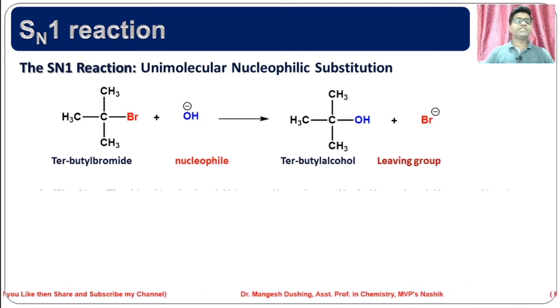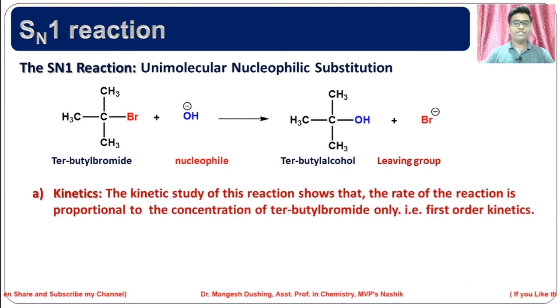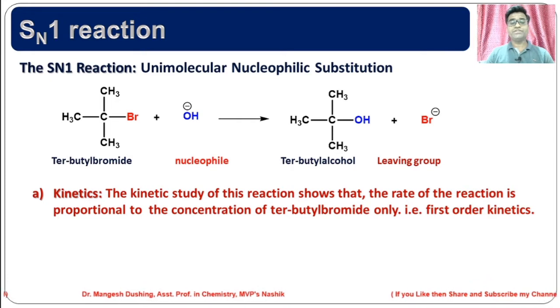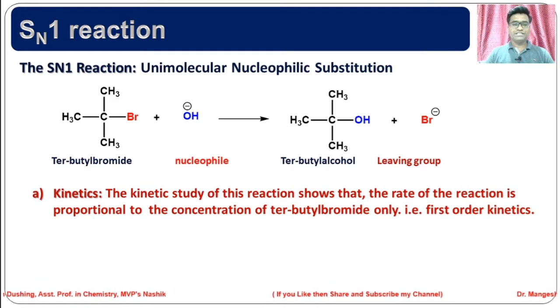Friends, if you study the kinetics of this reaction, the kinetic study shows that the rate of reaction is proportional to the concentration of tertiary butyl bromide only. That is first order kinetics. So the rate of this reaction depends upon tertiary butyl bromide, that is the substrate, only.